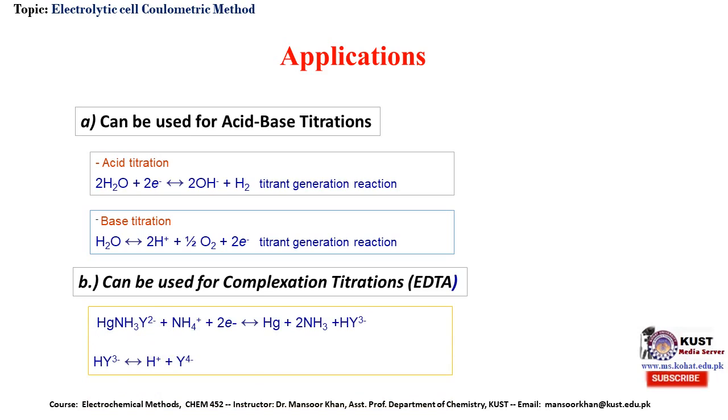Here HgNH3Y 2-minus is basically the ligand which reacts with NH4. H4Y, Y 4-minus, is basically the EDTA, which is used as a titrant, and it is hexadentate and it gives 6 pairs of electrons.